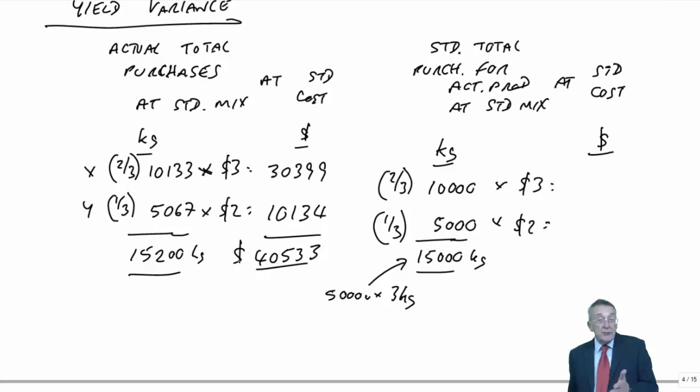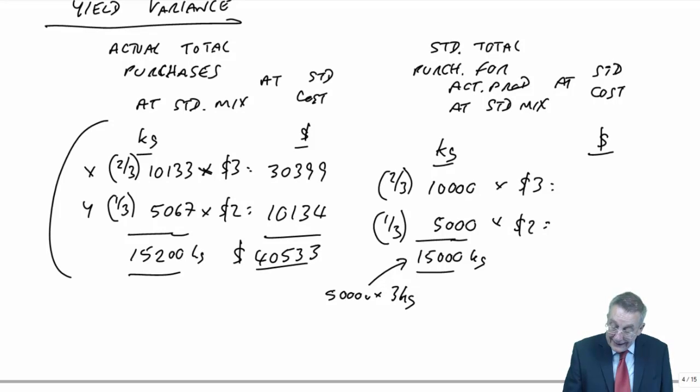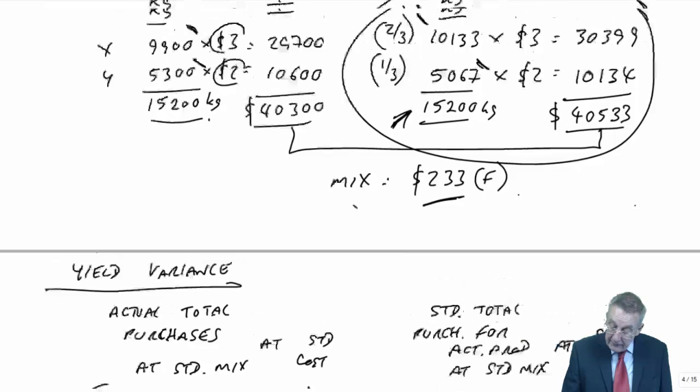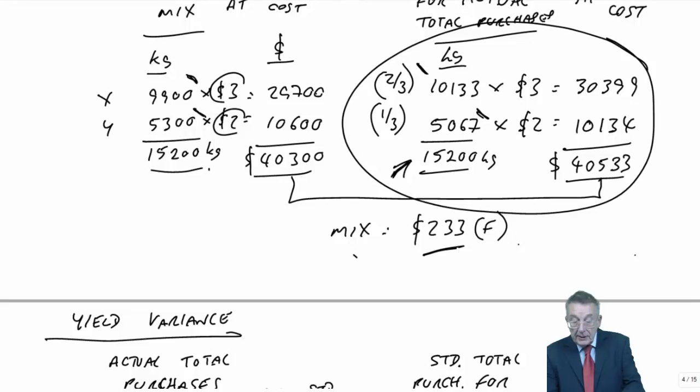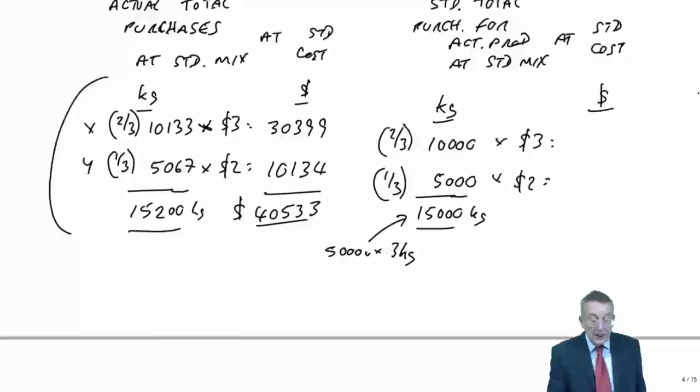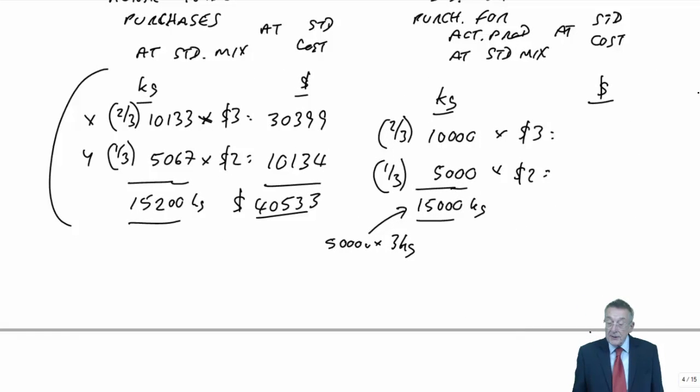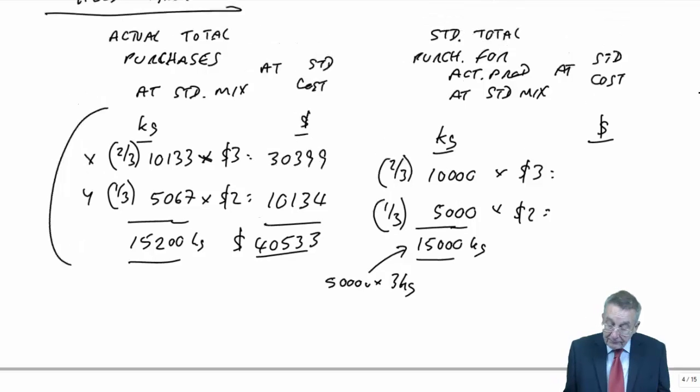Actually, you probably realised, this is another reason I like the way I set it out: we'd already done all that work in the previous variance. We got the mix, we'd costed it at 45.33, so you don't actually need to rewrite it all in your workings.